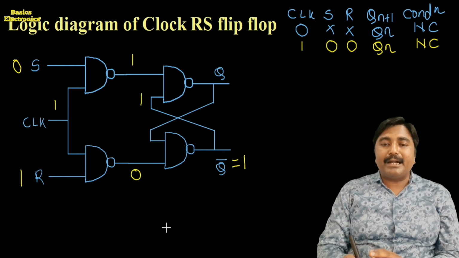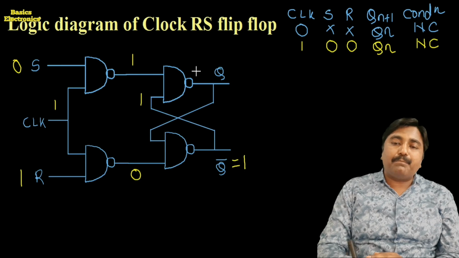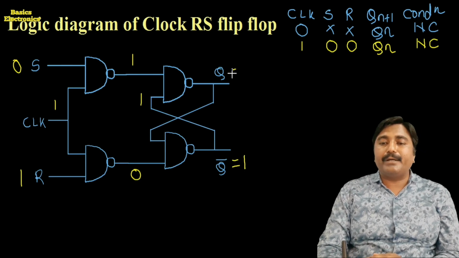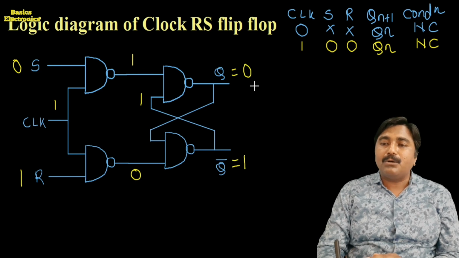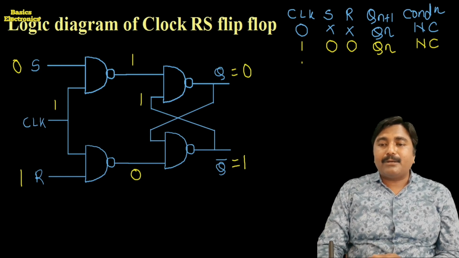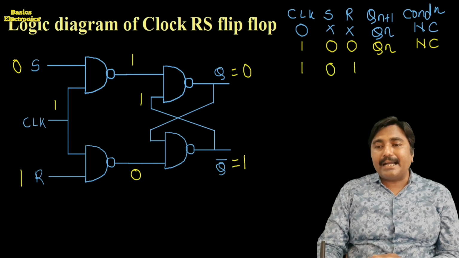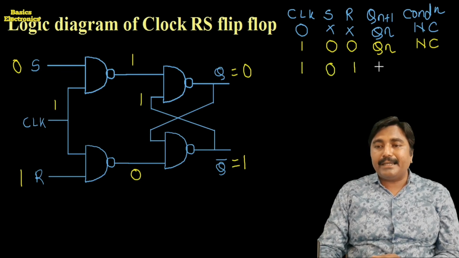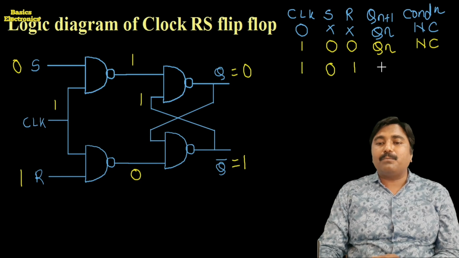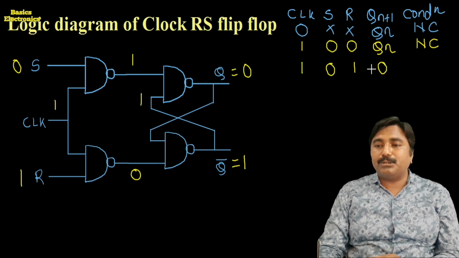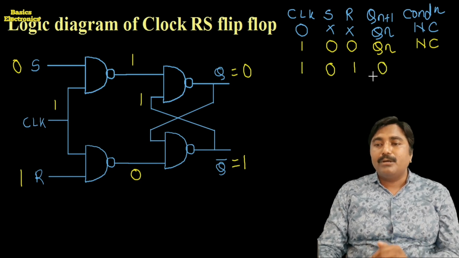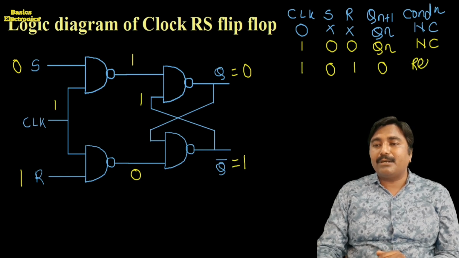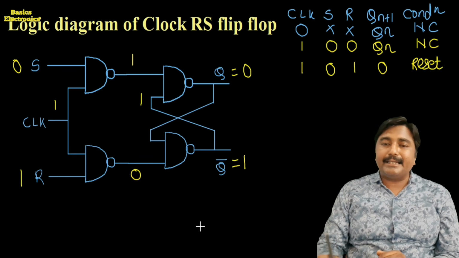Q bar is applied as one input for the upper gate, so the upper gate produces a low output, which means Q is equal to 0. So when the clock pulse is equal to 1, S is equal to 0, R is equal to 1, we get the output Q equal to 0, and we call this condition the reset condition.